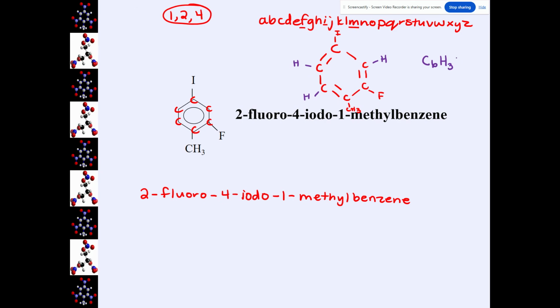It has a CH3 branch. It has an F and an I. Okay, I don't know if that's exactly how you would see it in a textbook, but that's one way you can write it. Sometimes I think there's a bracket around the methyl branch, and I don't know if the fluorine iodine goes first, the hydrogen, I don't know, it doesn't really matter the order of them, but that's essentially what you have.